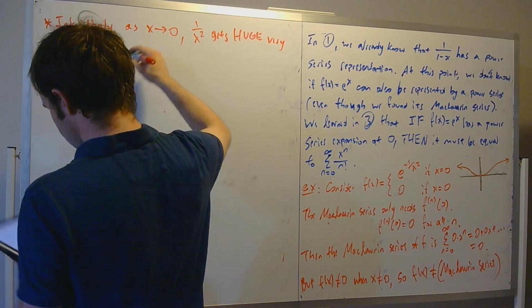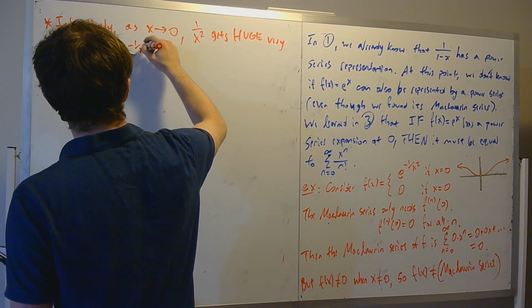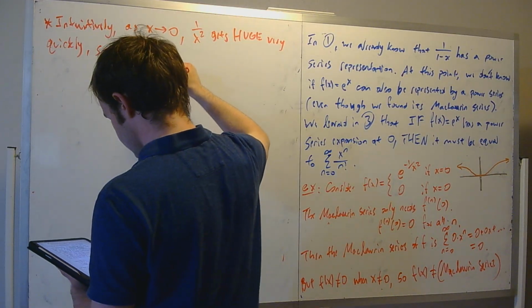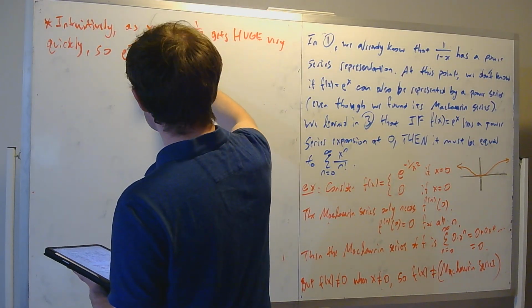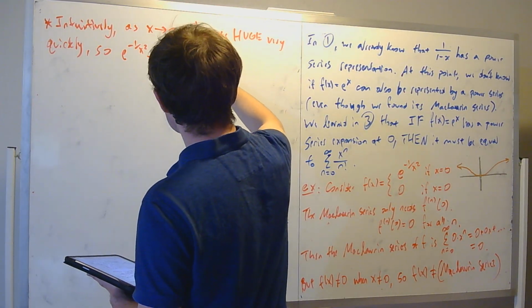So e to the minus 1 over x squared approaches 0 very fast.